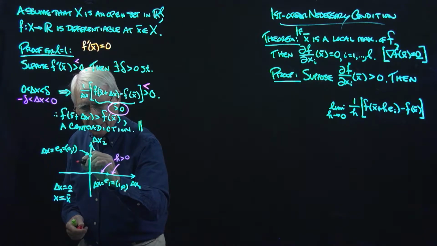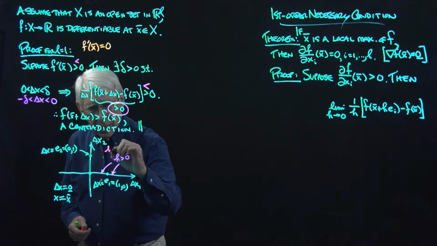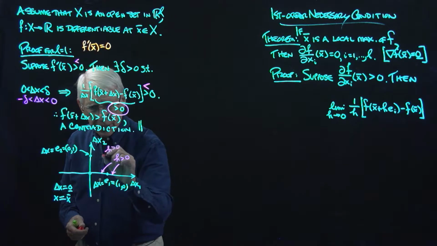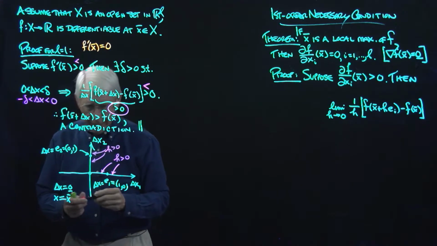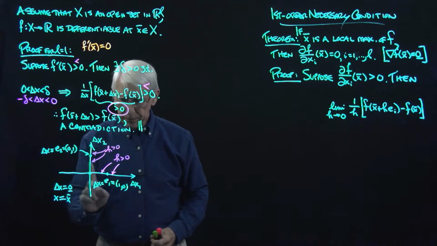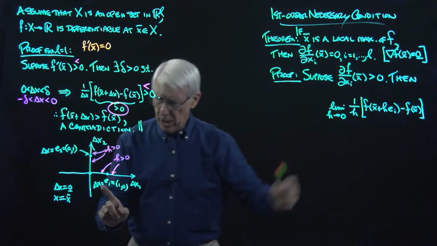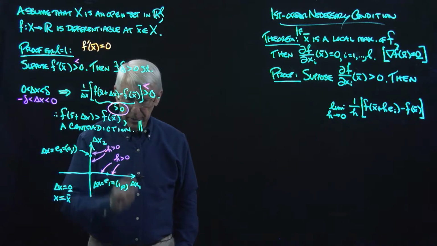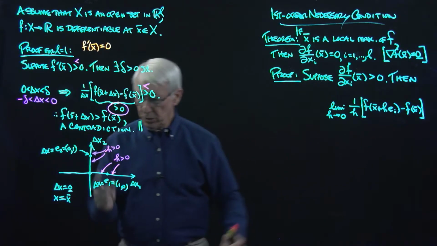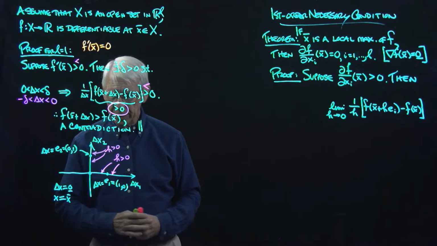And over here, h positive could put us here. So h times e1 would be some vector along here. h times e2 would be a vector along here.